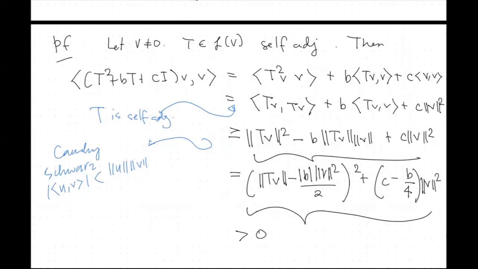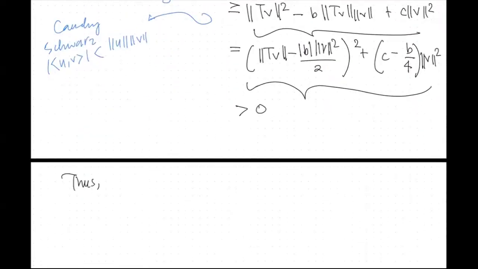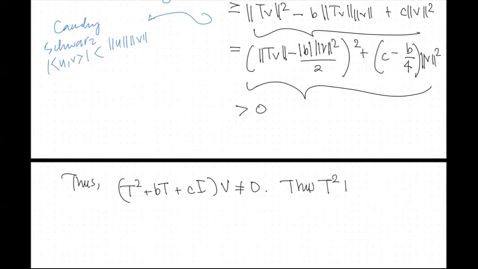This means that T squared plus B T plus C I applied to V is not zero. Thus, because it's non-zero, T squared plus B T plus C I is injective.